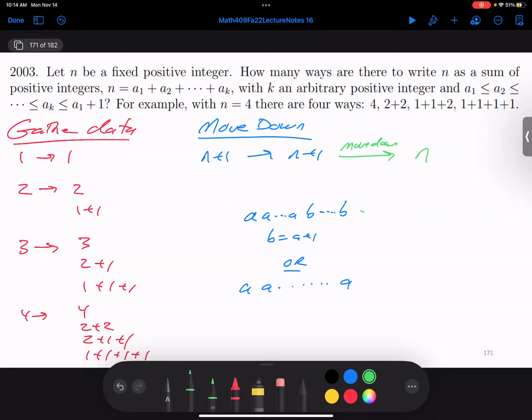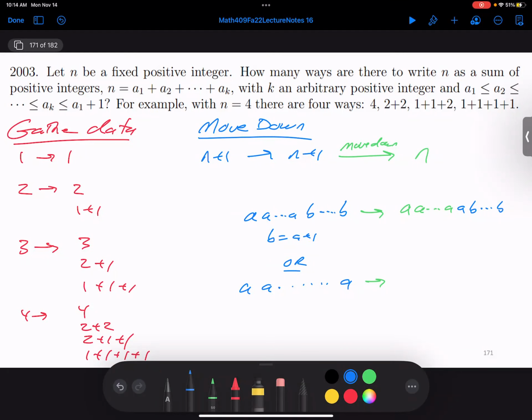And so how do we want to move this down? A, B, B, B. Pick the first B and turn it to A. Which is the first B? Oh, from the left. So this would become A, and then we would have a new A over here, and then all B's.